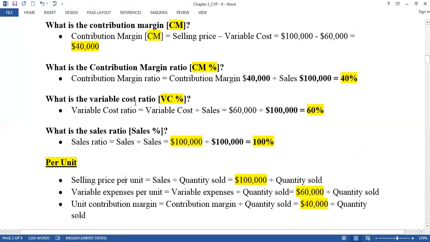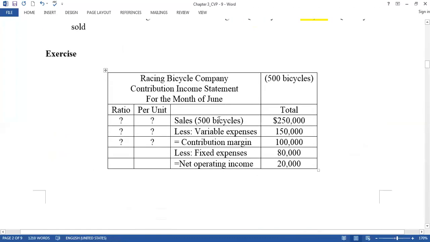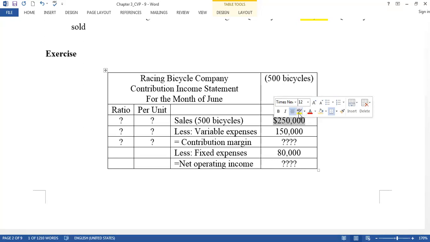Now, based on this formula, if I ask you this question, for example, I ask you to fill in the missing numbers.